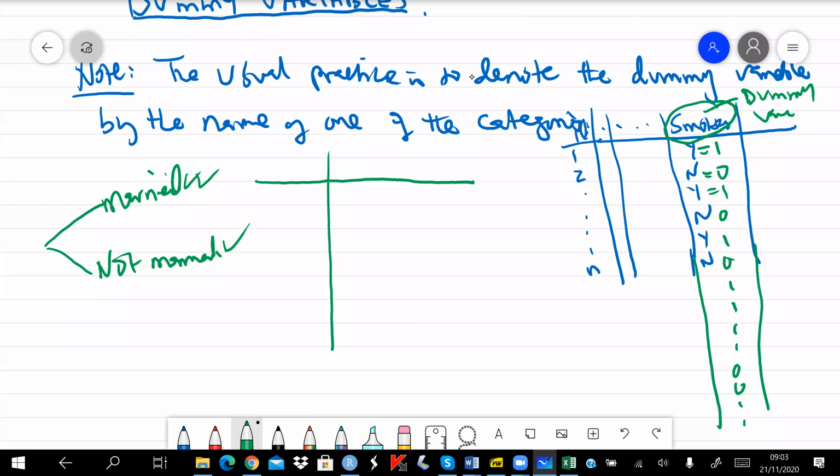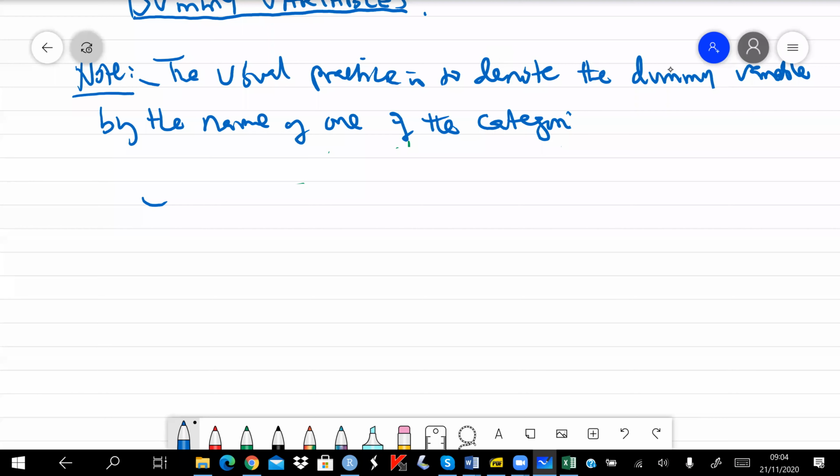So you can say married, and capture that with 0, 0, 0, maybe 1, 0, 1, etc. So saying yes or no for all the individuals, those are what we call dummy variables.